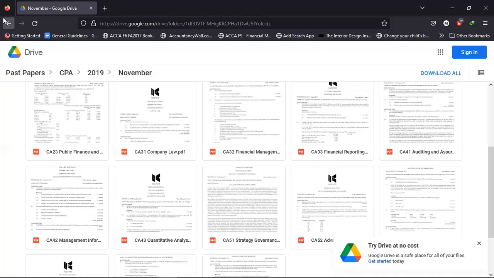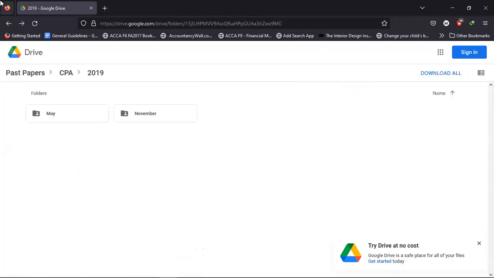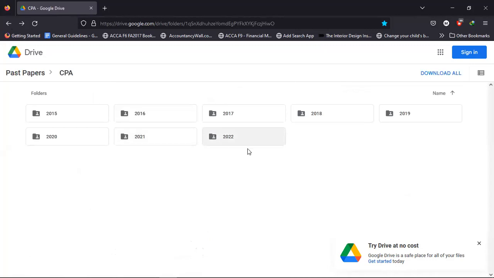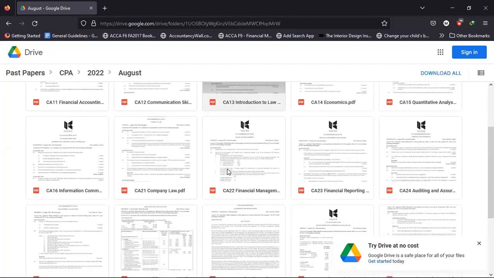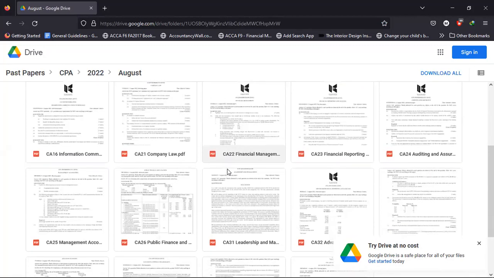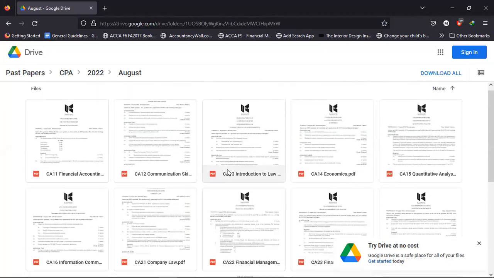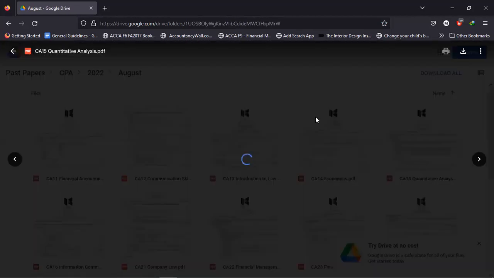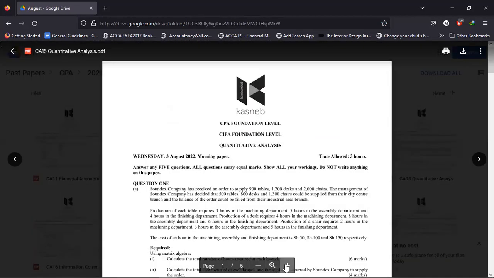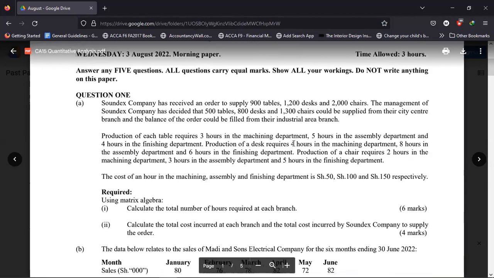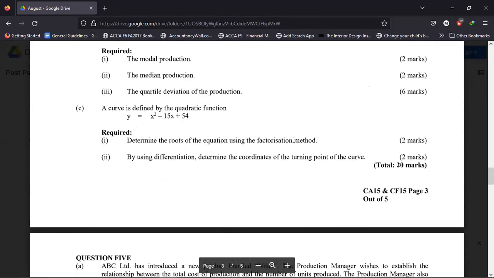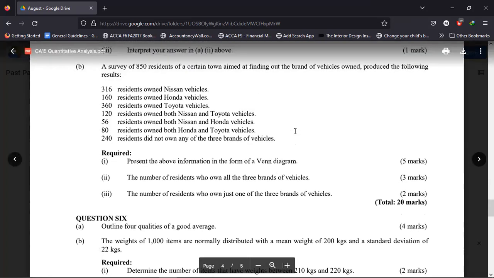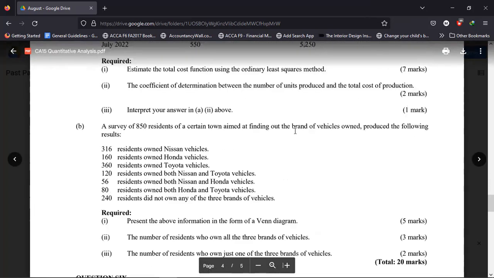We are looking for August. So where is QA, quantitative analysis? This is an area where the examiner keeps on checking whether the students understand these criteria. The question is here. It is question 5B. You can read, please.